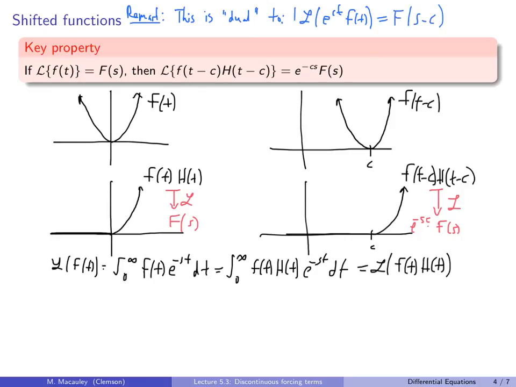Remember that? So let's talk about in words what this says. This one says that multiplying by an exponential in the t domain corresponds to a shift in the s domain. Whereas this one says multiplication by an exponential in the s domain corresponds to a shift in the t domain.